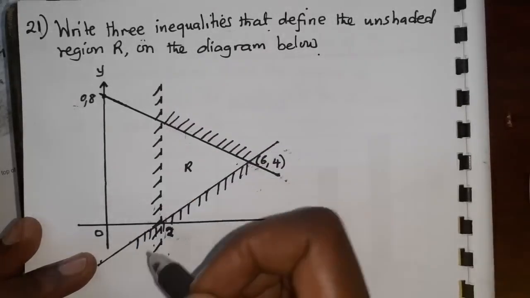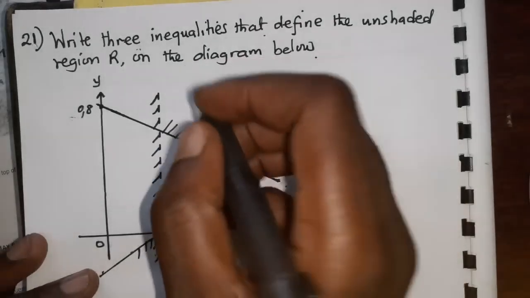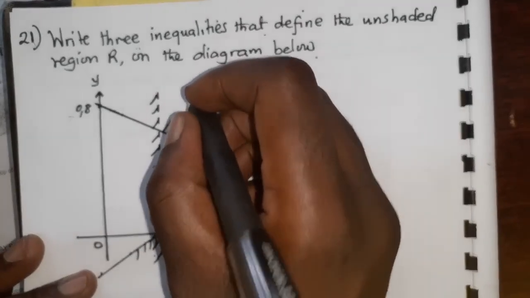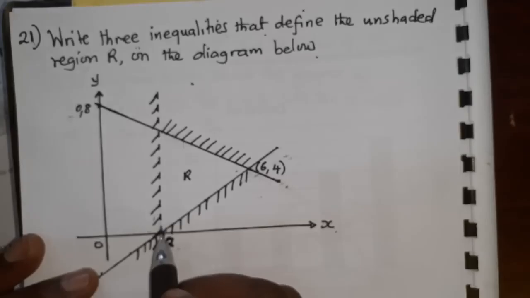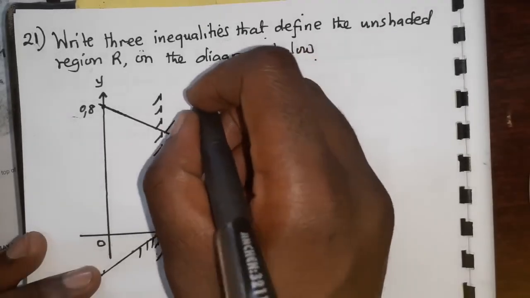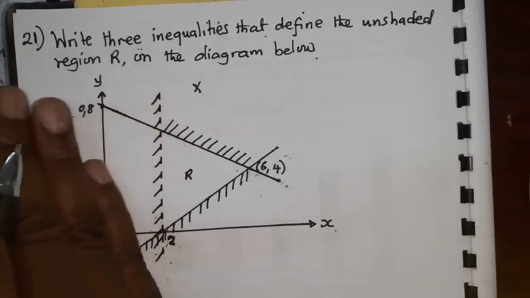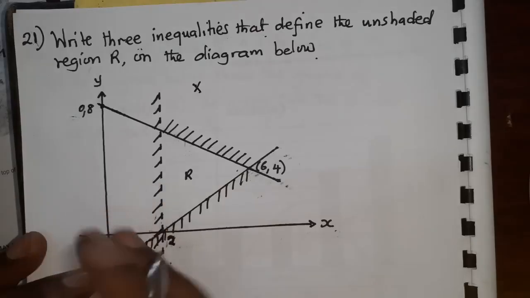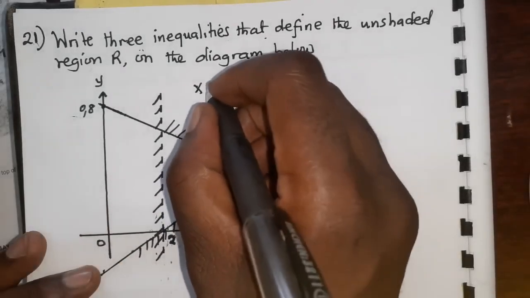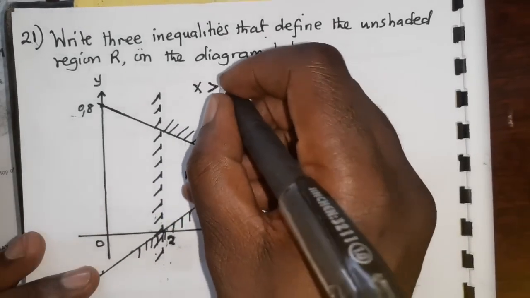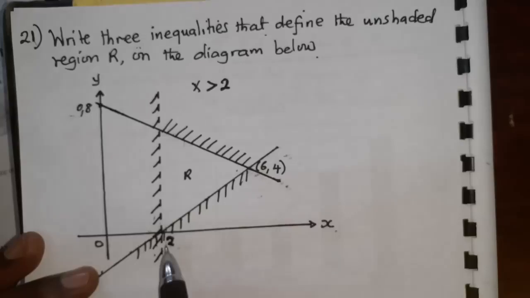So if the line is dotted, you need to write your inequalities in the strict form, and this is cutting the x-axis. So it's going to be x. Then the unshaded region, or R, is on the right side of this, so it is greater than, like this. Greater than what? 2, because it's on 2.